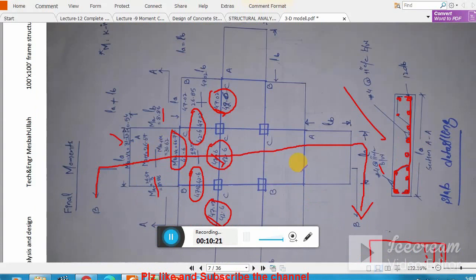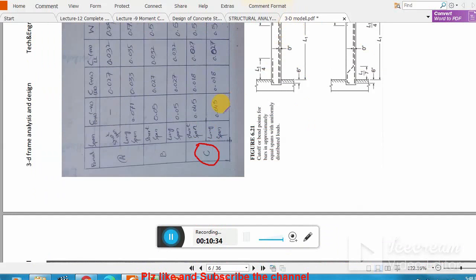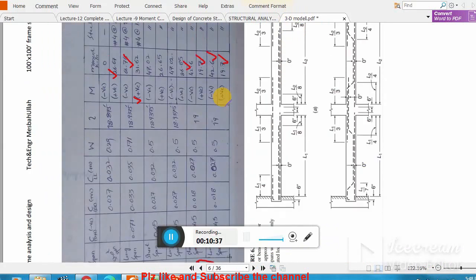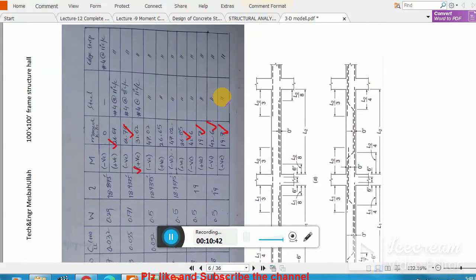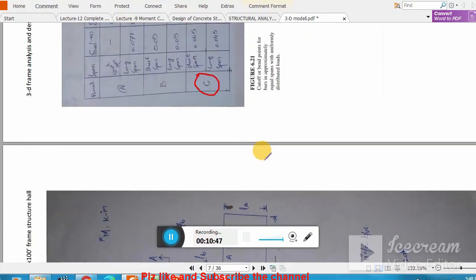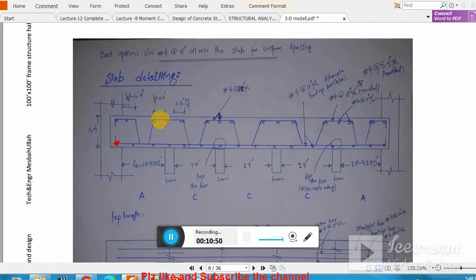But remember, at the junction of panel A, where the beam is provided, the spacing of the bars is 8 inch center to center. Remember, this is in design. So the spacing provided is 8 inch center to center, here as well as here.